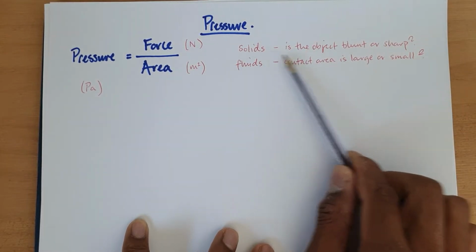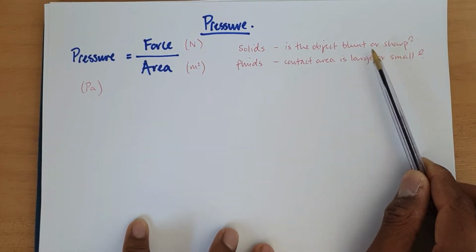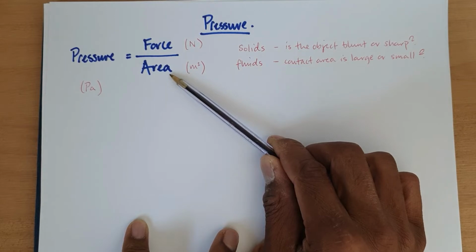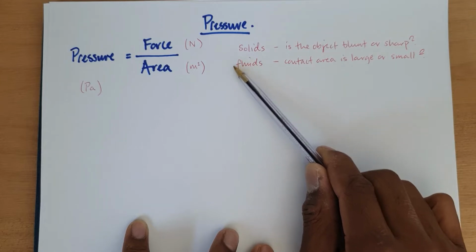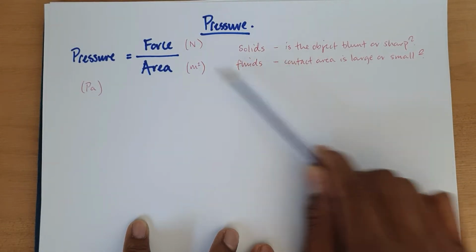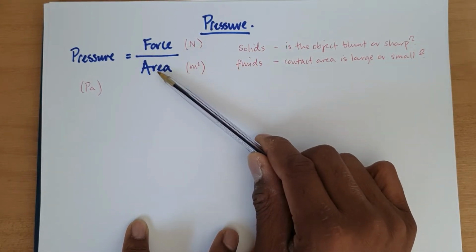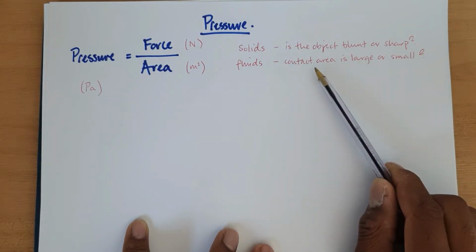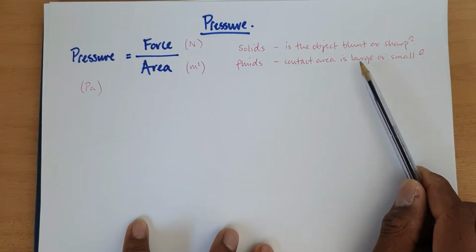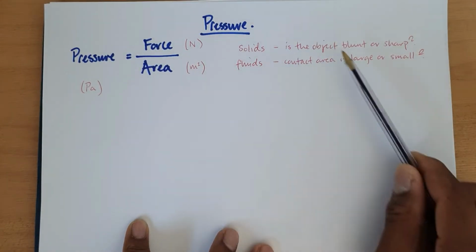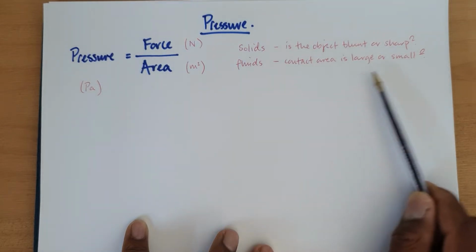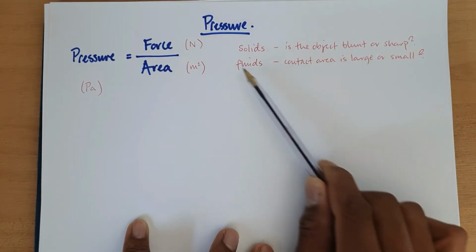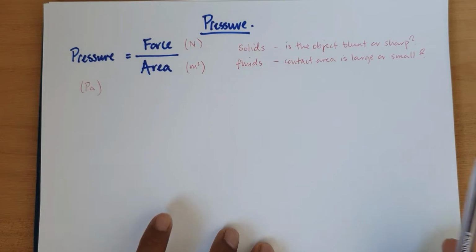A knife has a small contact area and therefore it exerts a large pressure. But fluids exert their pressure on a surface area. So if the contact area is large, you get a larger pressure, whereas if the contact area is small, you get a smaller pressure. So I'll talk about these ideas a little bit more, particularly the idea of fluids, because that one's a little bit more complex.